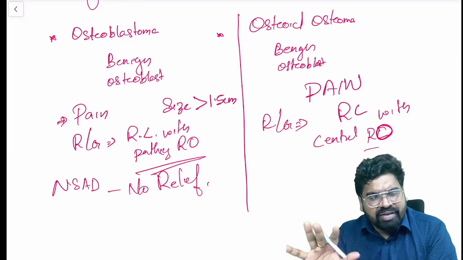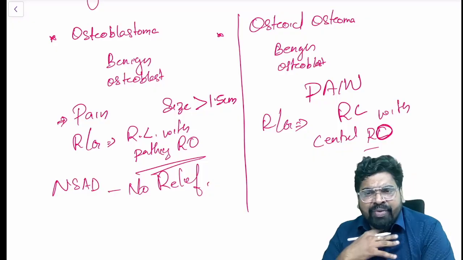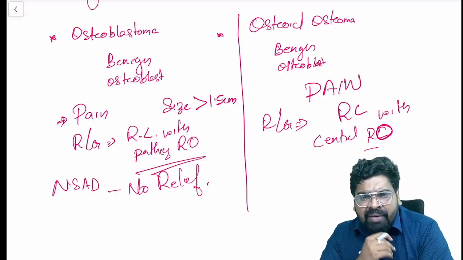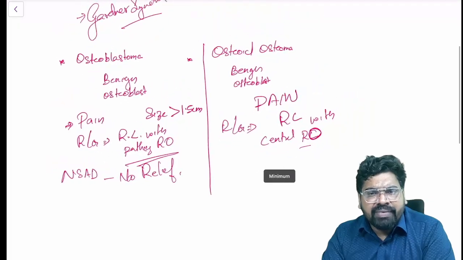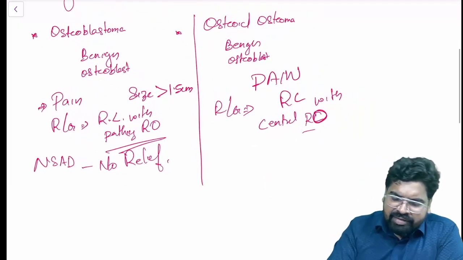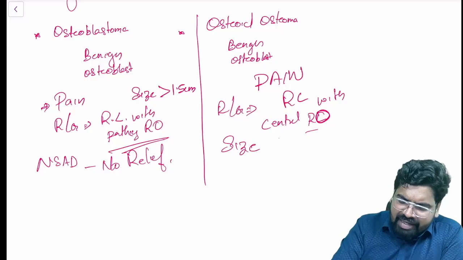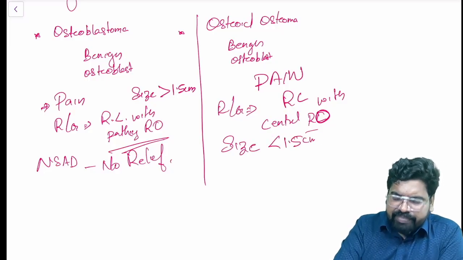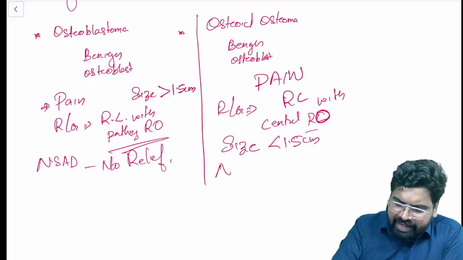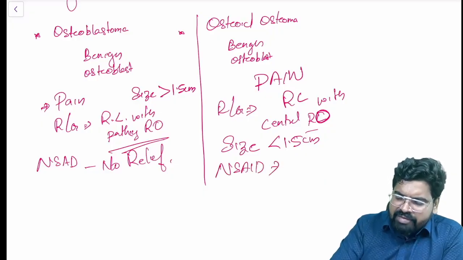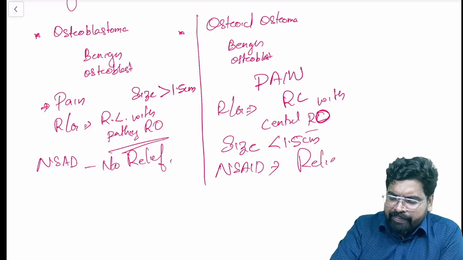The radiographs look more or less similar, but here also there is pain for the patient. The size here is less than 1.5 centimeters, and when you give an NSAID, there is relief from pain.